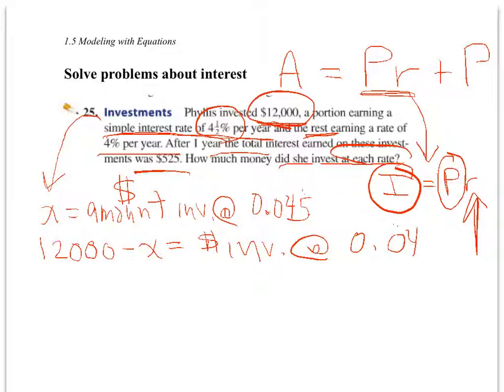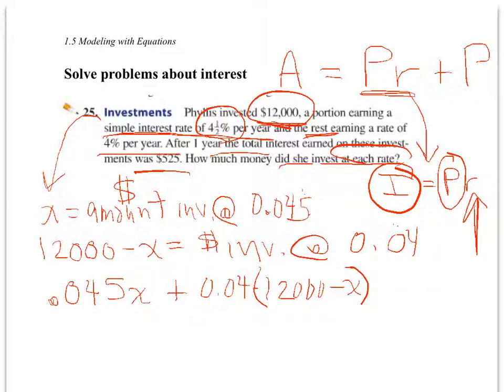The amount invested at 4.5% is X. So if we multiply the rate 0.045 times the principal X, that'll give us the interest for the 4.5% investment. If we add to that the rate 0.04 times the amount of money at 4%, which is 12,000 minus X, that gives us the amount of interest for the 4% investment.